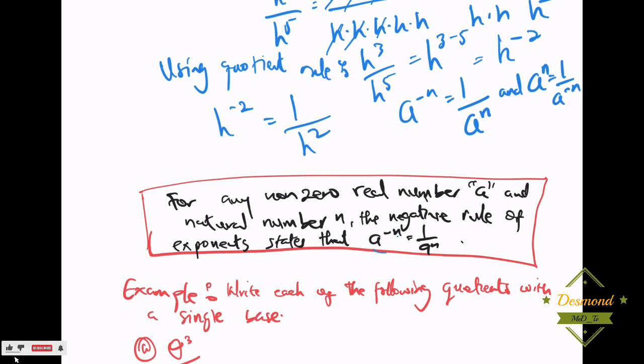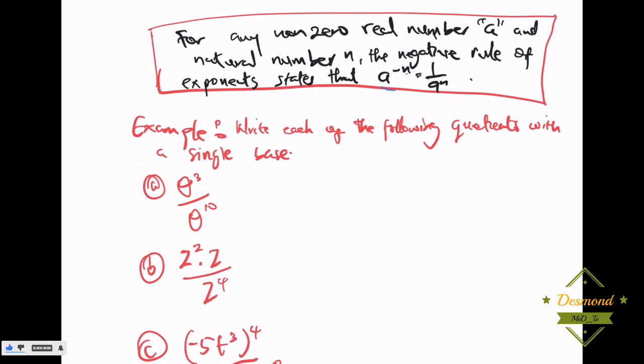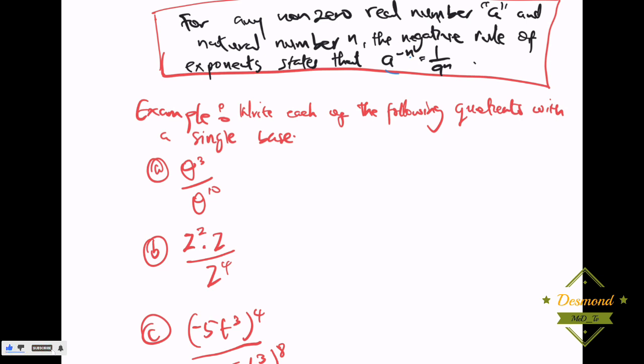Now let's solve some real examples here. We are going to write each of the following quotients with a single base. Our first example is theta exponent 3 on theta exponent 10. How do we do this?